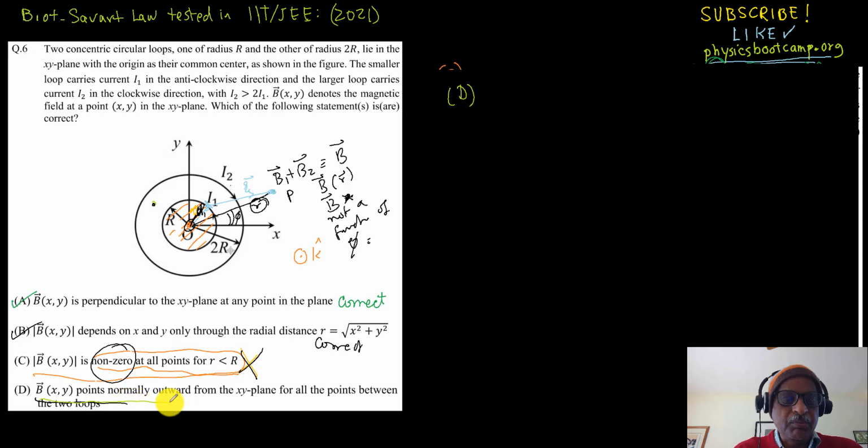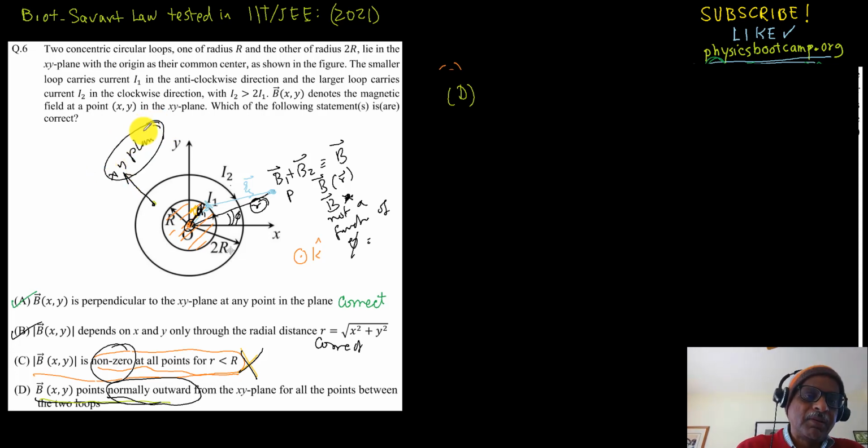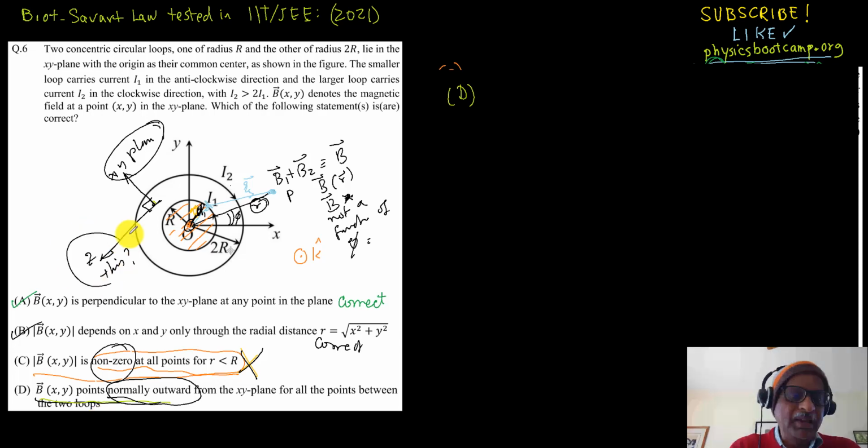So normally outward, from this, do you mean that way in the XY plane, or do you mean coming out of the XY plane in the Z direction, this direction? Which one do you mean? So if you think this, then this should be correct, right?